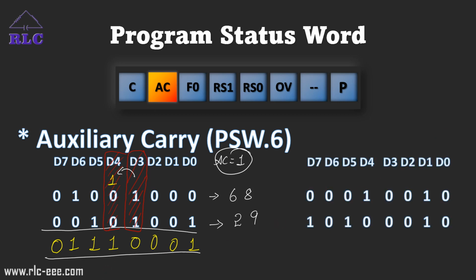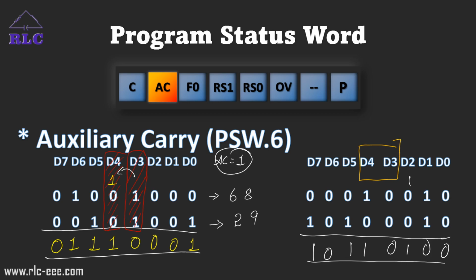If we go with one more example, when we add this, we are going to get 1 plus 1 is 0 1, then 1 0 1 1 0 1, and we can see over here from D3 to D4, we do not have any carry generated, so the auxiliary carry will be set to 0.